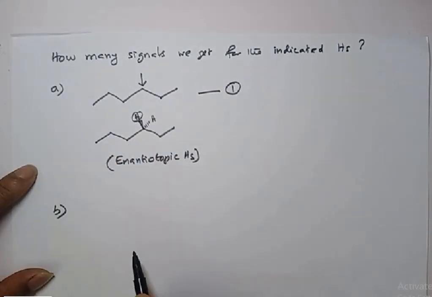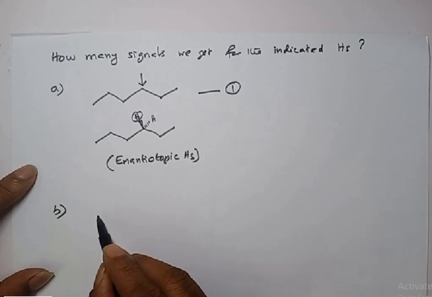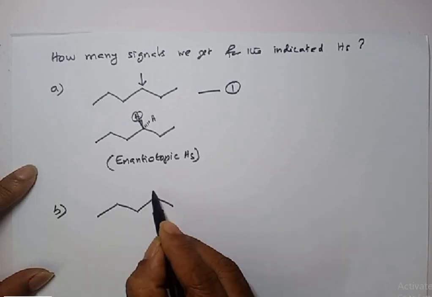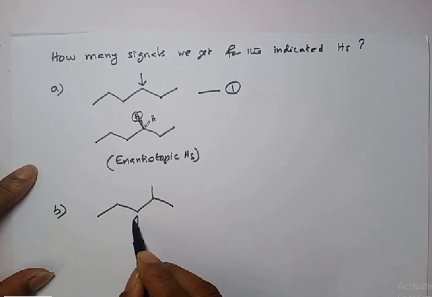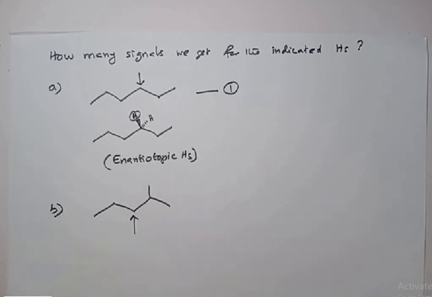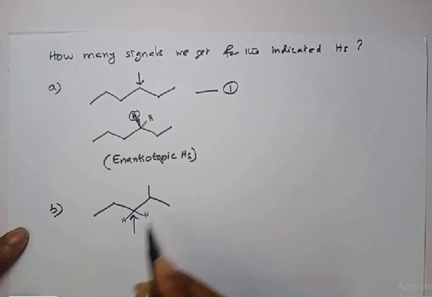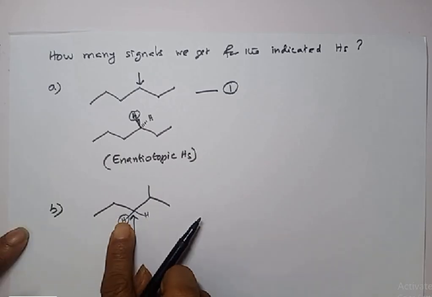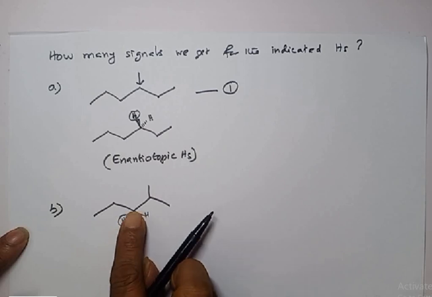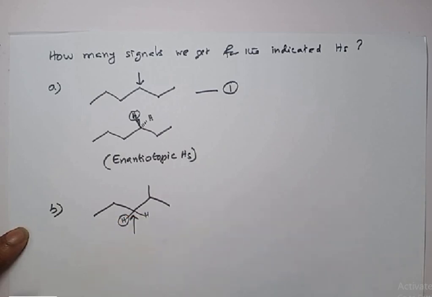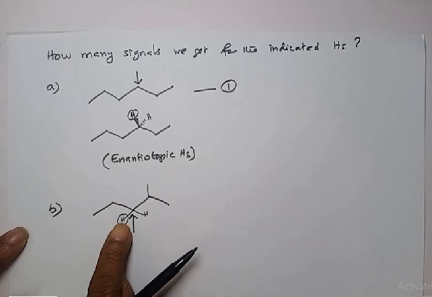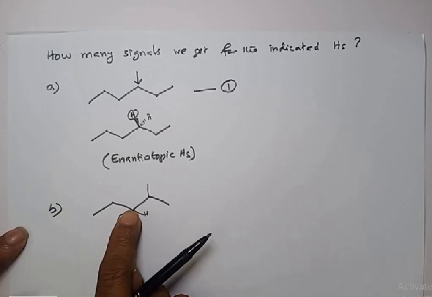Next one. Tell me how many signals we get in the proton NMR spectrum of this carbon. See, if I replace one of the two hydrogens attached to this carbon by chlorine, will I get a chiral carbon or not?